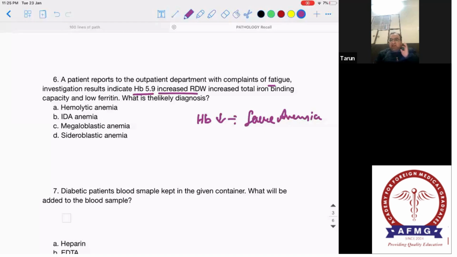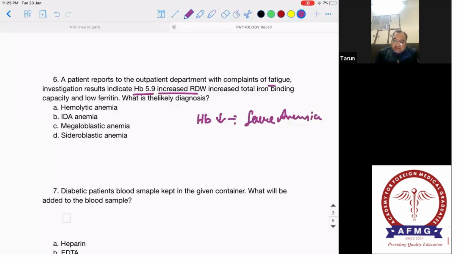RDW tells us what? RDW means the degree of anisocytosis. Anisocytosis means the variation in the size of the cells. Okay, so variation in the size of cells will be more in iron deficiency anemia as compared to the thalassemia. So that's why RDW will be more as compared to the thalassemia.